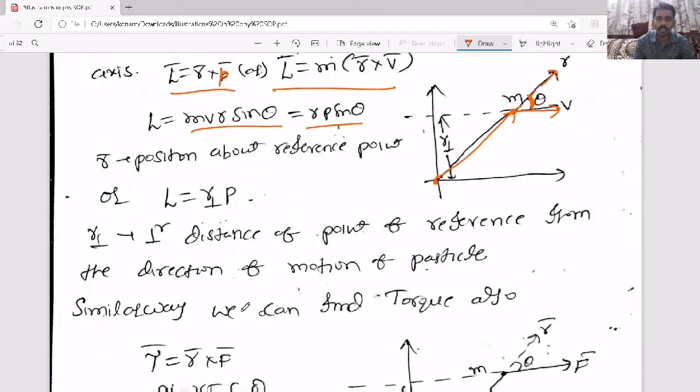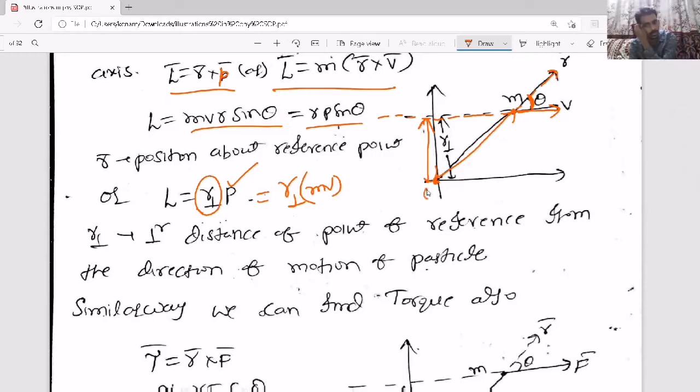Or else, to find it in a simple manner, you draw a line along the direction of motion. Then find the perpendicular distance of the point of reference. That perpendicular distance into linear momentum, or that perpendicular distance into mv, is equal to the angular momentum of the particle about that reference point.